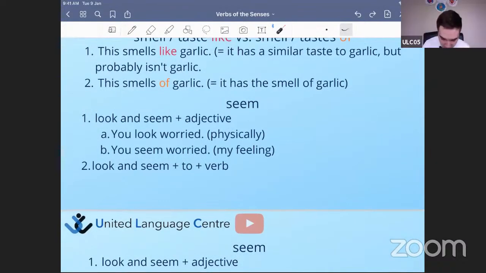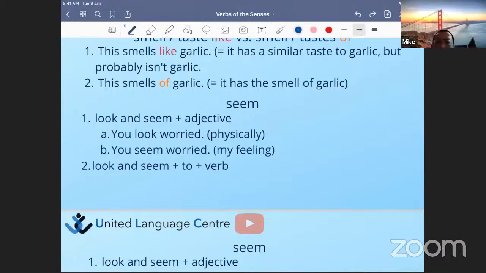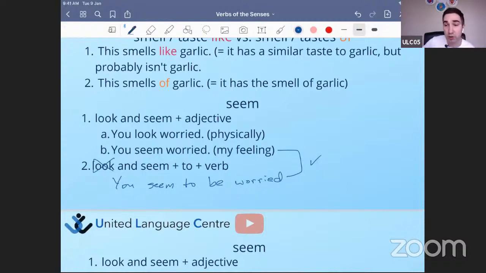This is the same. Oh, sorry, I don't know what happened here. Actually, we can't use look here. You seem to be worried.